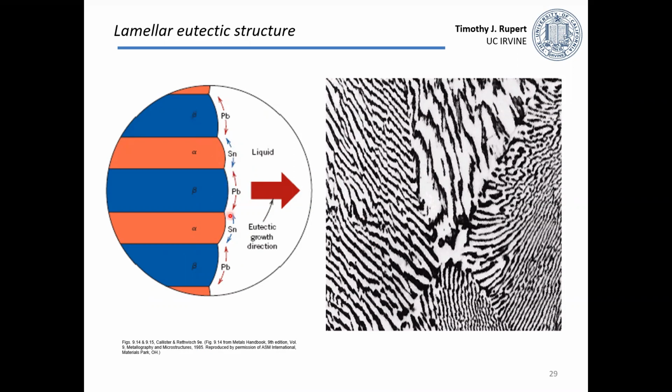As the solid grows, it doesn't grow one big chunk of lead and one big chunk of tin. It grows a chunk of solid which has this striped type of pattern. The extra lead gets pushed over to the alpha phase, the extra tin gets pushed over to the beta phase, and these striped regions grow. And that's why you end up getting those different crystals with these stripes within them.